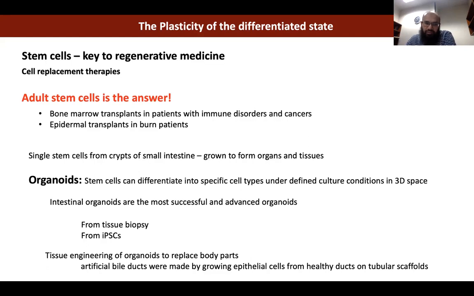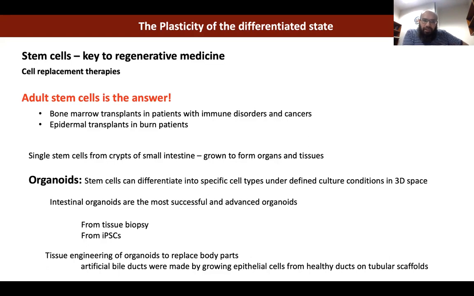And we have seen also last time that single stem cells from the crypts of the small intestine can grow to form organs. What's usually happening inside our gut is that cells at the bottom of the crypt are continuously growing, and they grow to form these villi and line the villi.